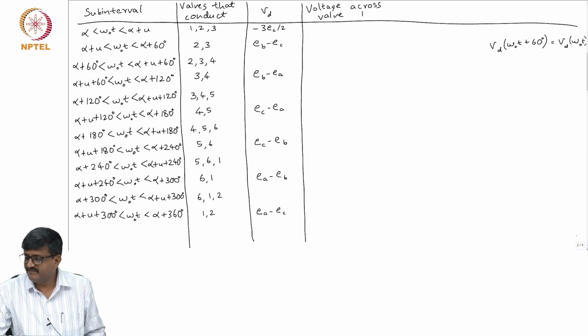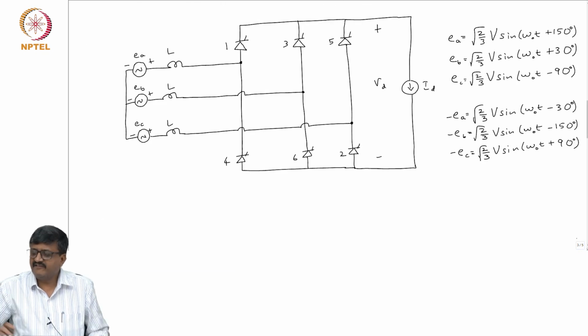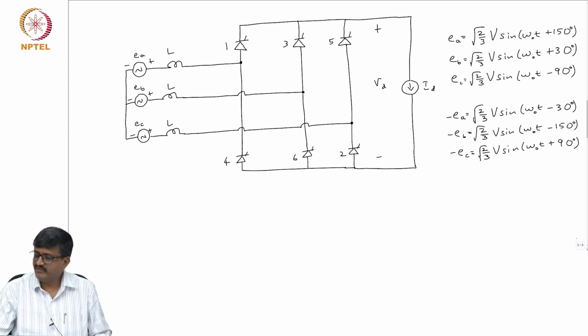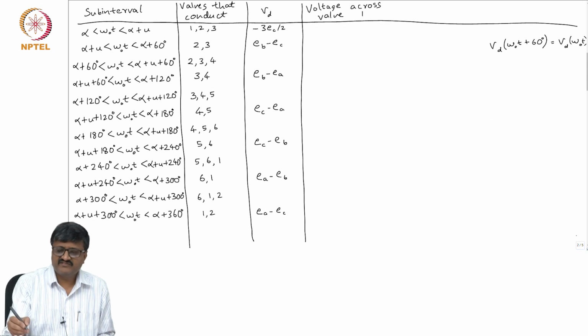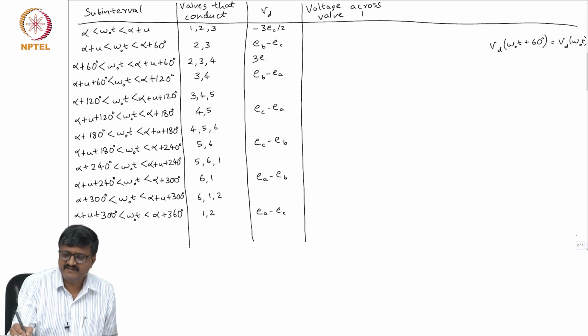Minus EC has a phase angle of plus 90 degrees. So, which waveform is lagging minus EC by 60 degrees? EB. So, this expression will be 3 EB by 2.